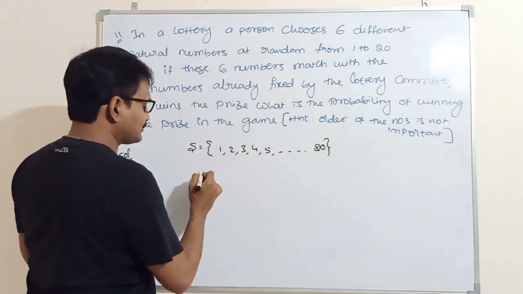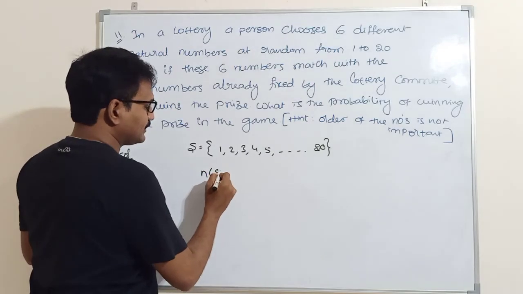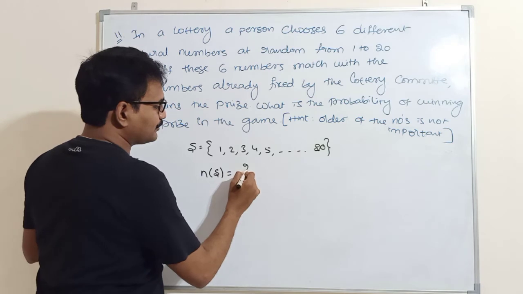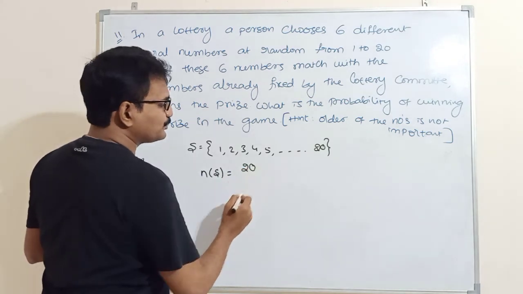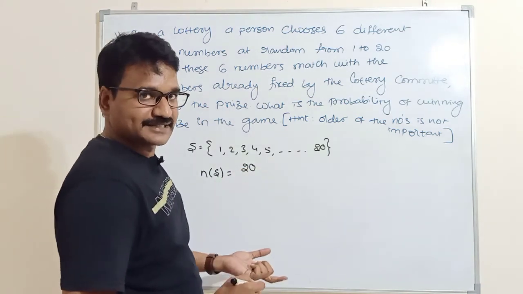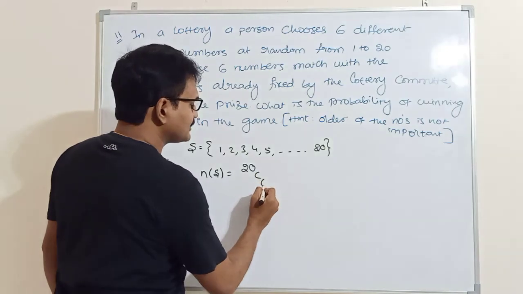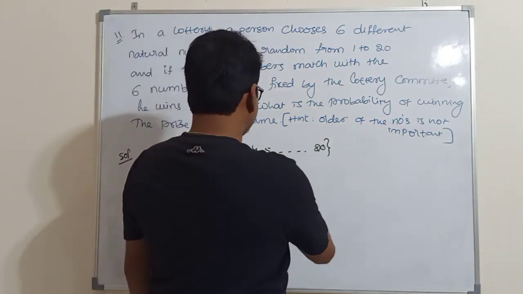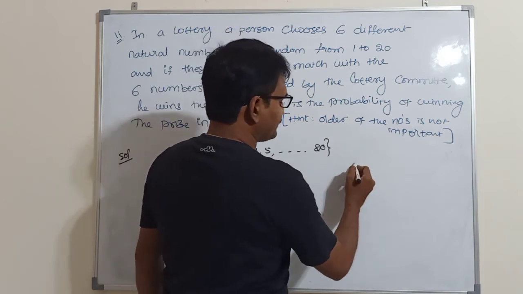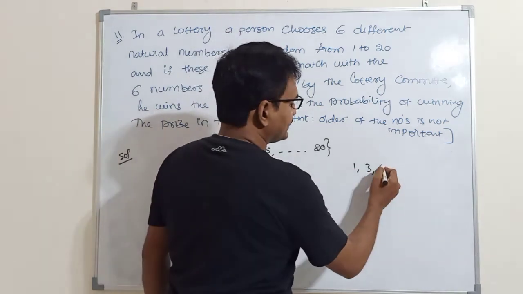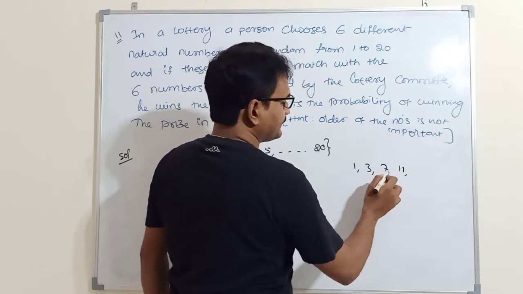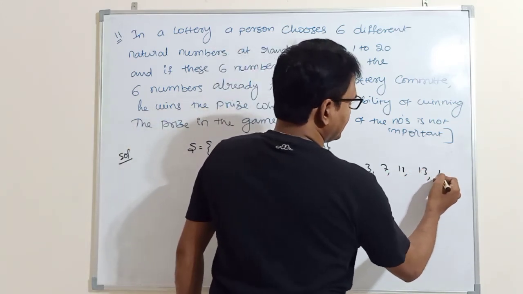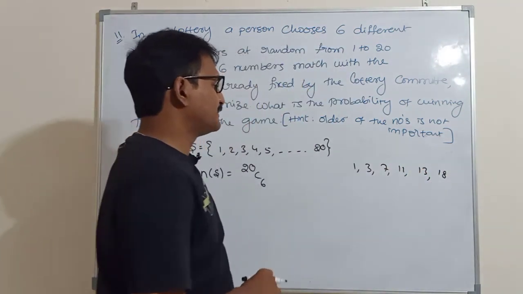Therefore N of S is equal to 20 C6, since selection means combination. Suppose you select 1, 3, 7, 11, 13, 18.